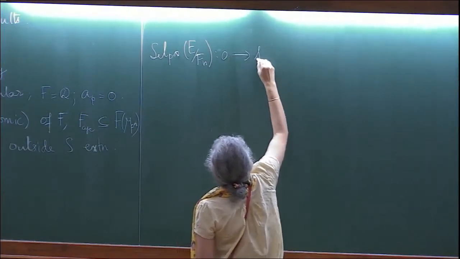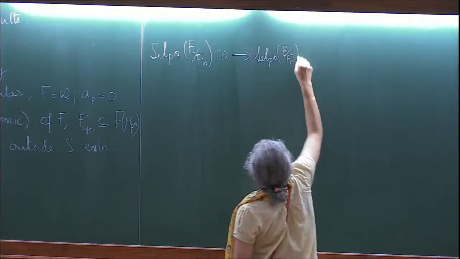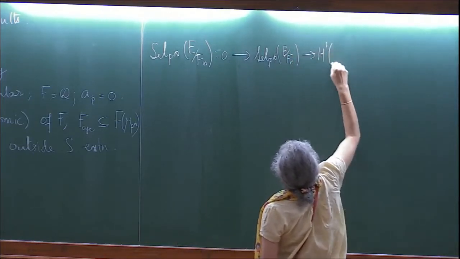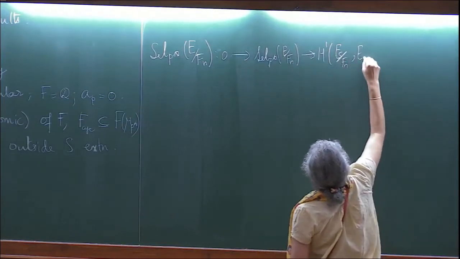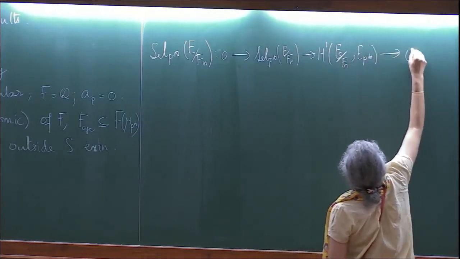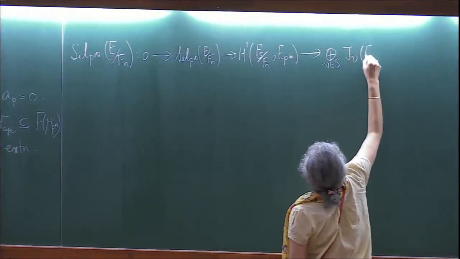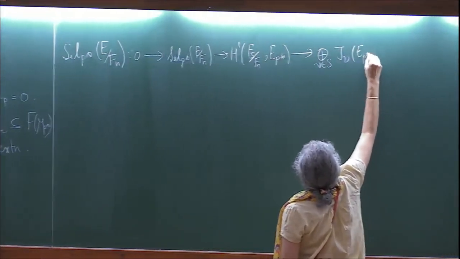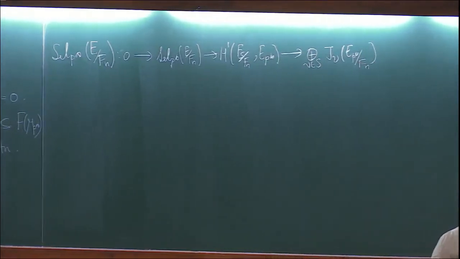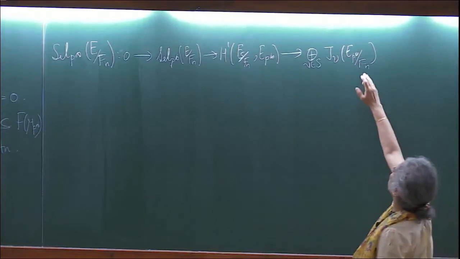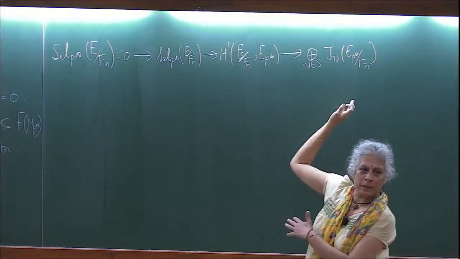So Selmer_{p^infinity}(E/F_n) goes to H^1(F_S/F_n, E[p^infinity]), and I'm not going to get into the detail of the local conditions. I'll just denote them by J_v(E[p^infinity]/F_n). These are the local H^1s where the p comes out. It's H^1(F_{n,v}, E)[p-primary torsion] outside.